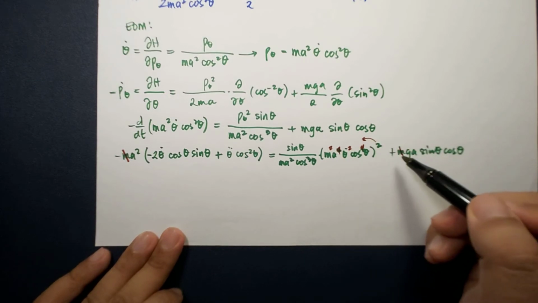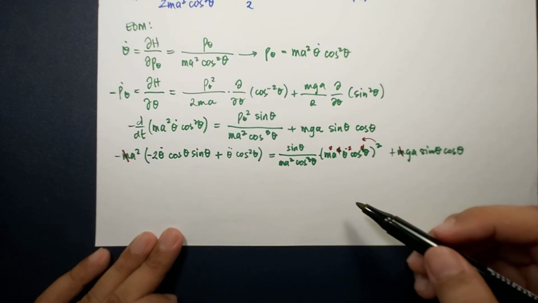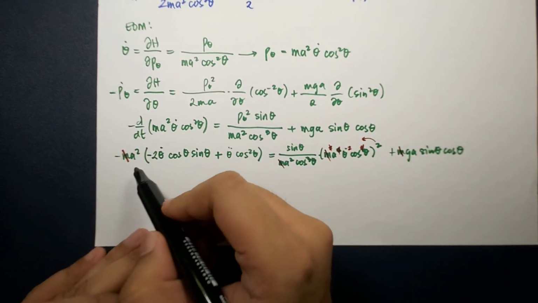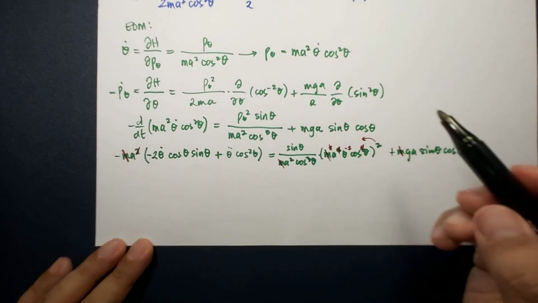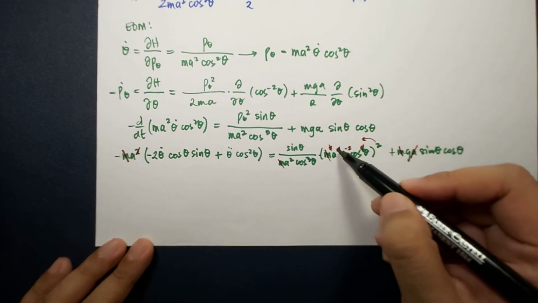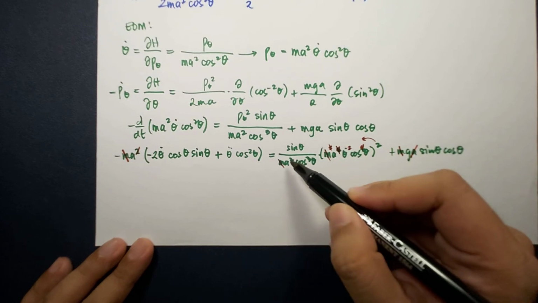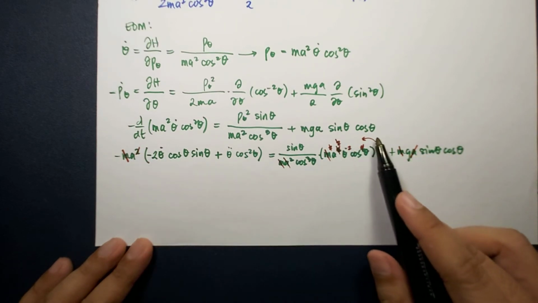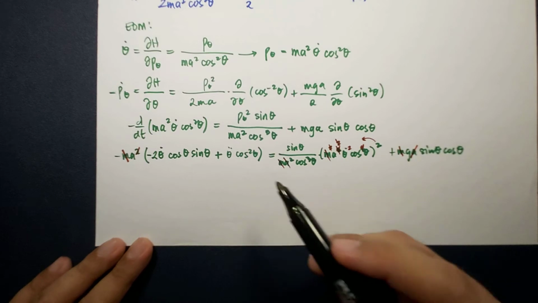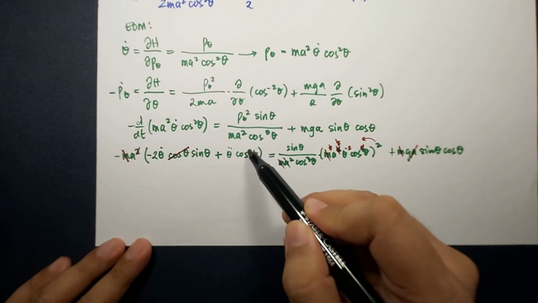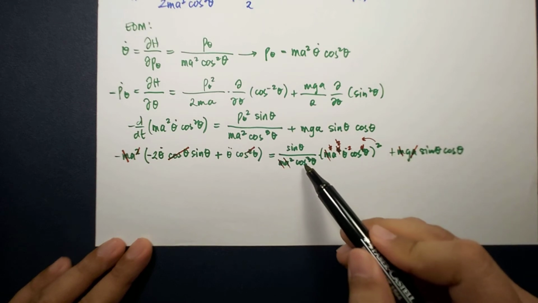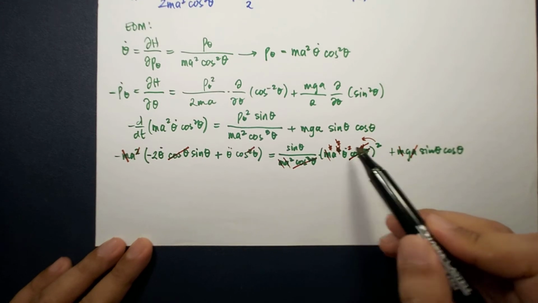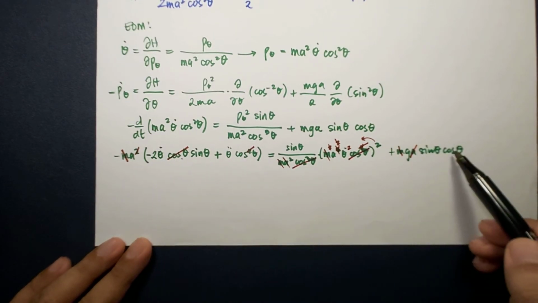So m will cancel here, one of the m's will cancel here, and then this m will be cancelled, and one of the a's here will cancel, so this a to the fourth will cancel with this. And then of course there is cosine here, and this cosine cube will cancel with the cosine to the fourth here, and then cosine will cancel with this one, and then this one.